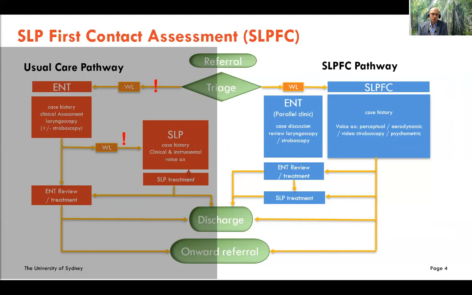This model can ensure ENT surgeons use their expertise on more complex cases and surgical interventions, and patients receive multidimensional voice assessments much earlier. Similar models have been reported in the literature, suggesting shorter waiting times and improved access to speech pathology.